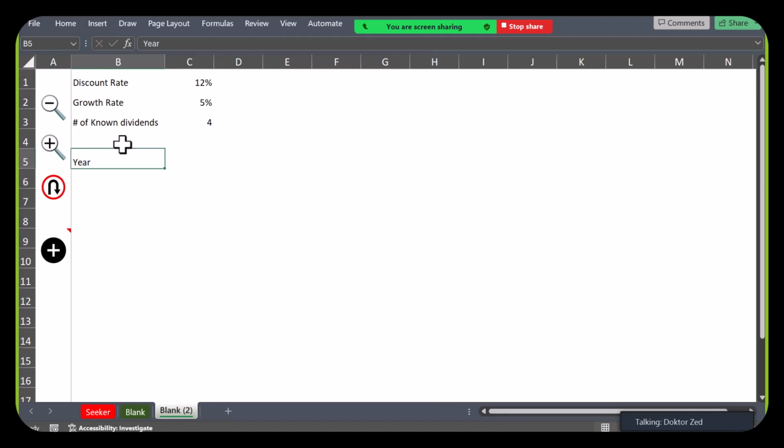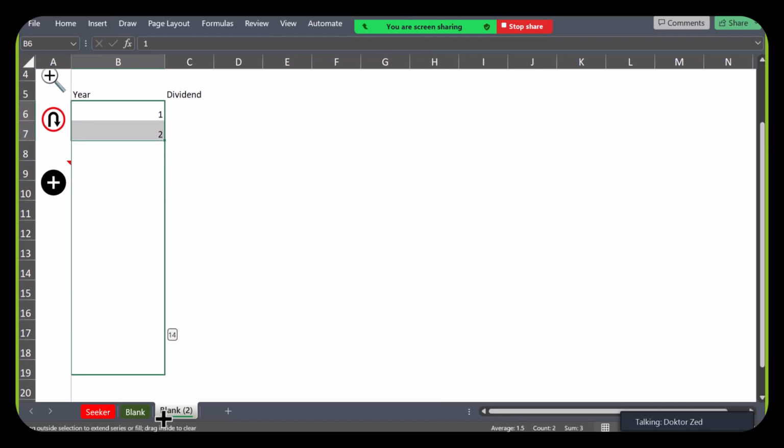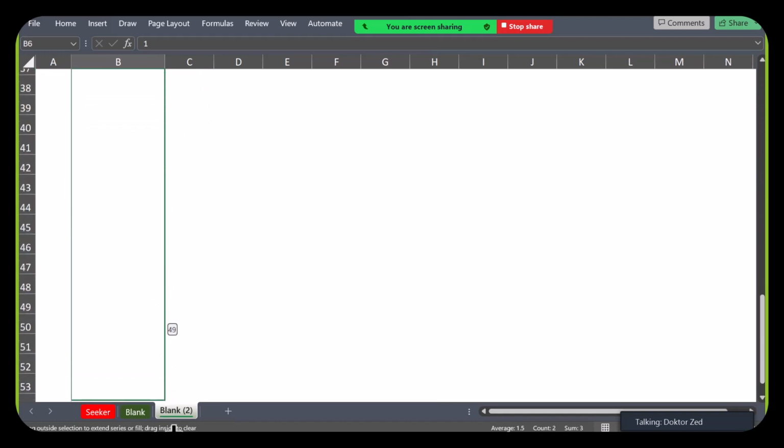Year, dividends. I'm going to make this a relatively high number. If you have a pattern and you drag it down, Excel repeats that pattern. So I'm going to do it up to 100 years. I don't have to, but I feel like doing it.